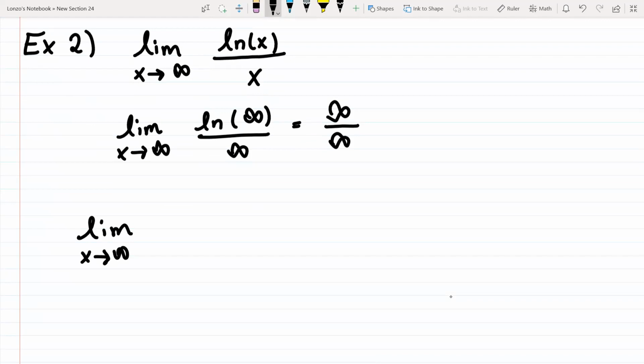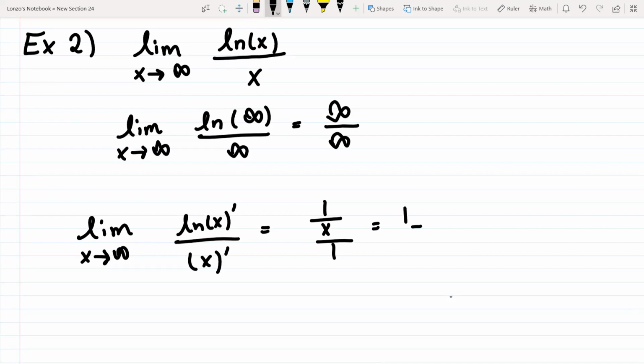So you just take the derivative of the numerator, ln of x, over the derivative of the denominator, x. What is the derivative of ln of x? It is 1 over x. And then what is the derivative of x? It's just 1. You have a complex fraction, so you can rewrite this as 1 over x divided by 1. And when you cross multiply, it would be 1 over x.